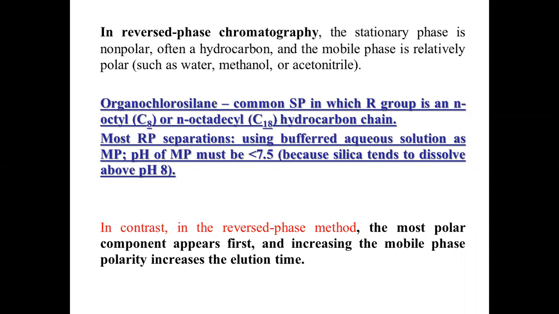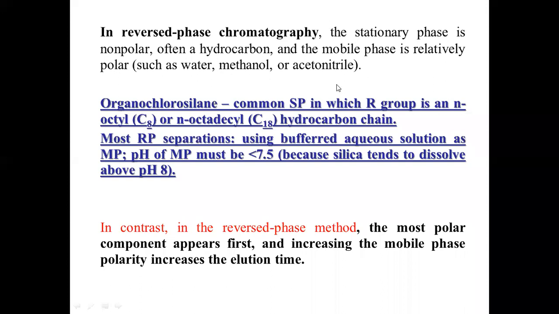This is going to be polar. So in NPHPLC, the stationary phase will be polar and the mobile phase non-polar, where the solute molecules are eluted in order of increasing polarity. Means first less polar or non-polar solutes are eluted, then at last polar solutes are eluted in NPHPLC.